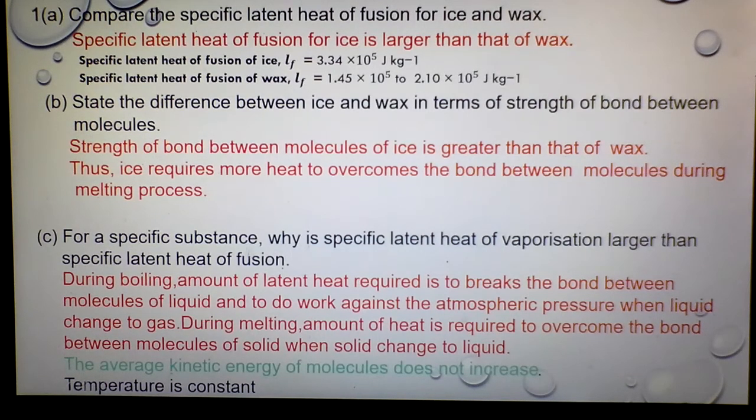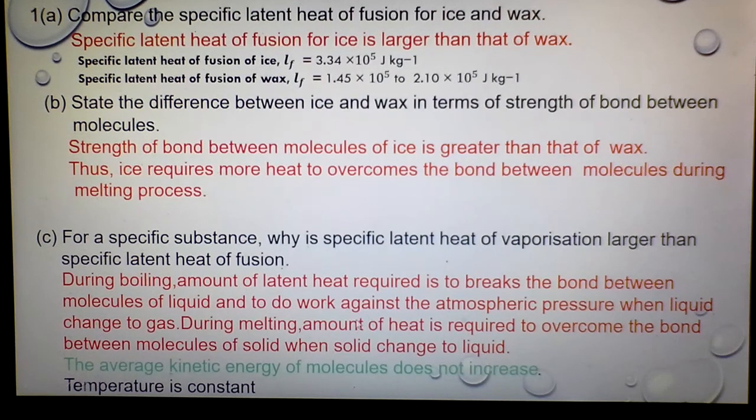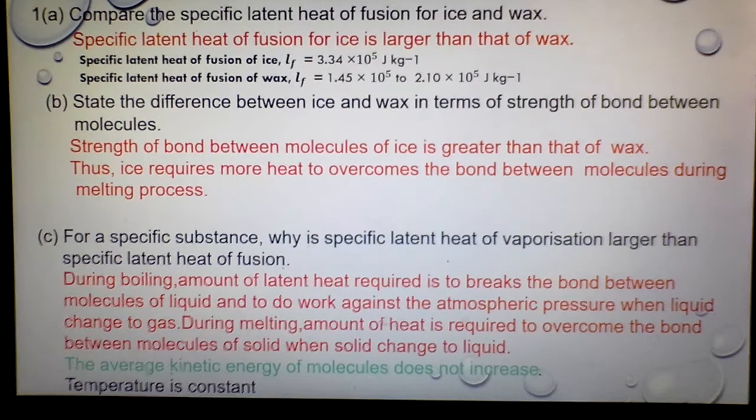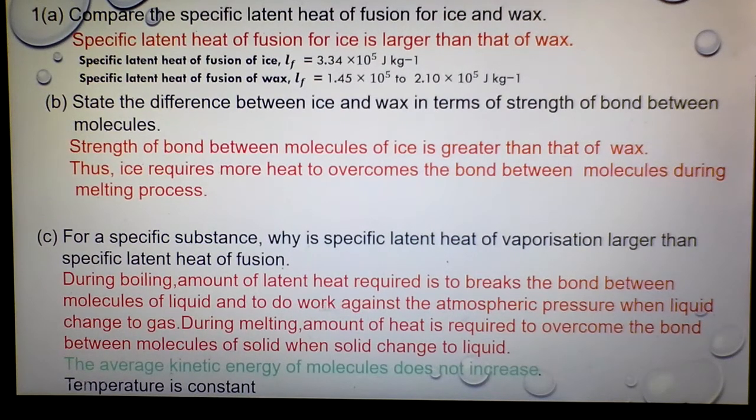For a specific substance, why is the specific latent heat of vaporization larger than the specific latent heat of fusion? During boiling, the latent heat required is to break the bonds between molecules and to do work against the atmospheric pressure when liquid changes to gas. So for boiling, more latent heat is required because of the extra work done against the atmospheric pressure.